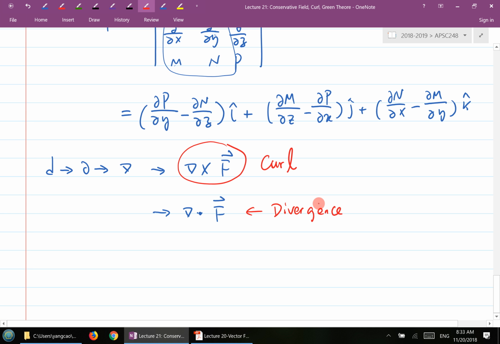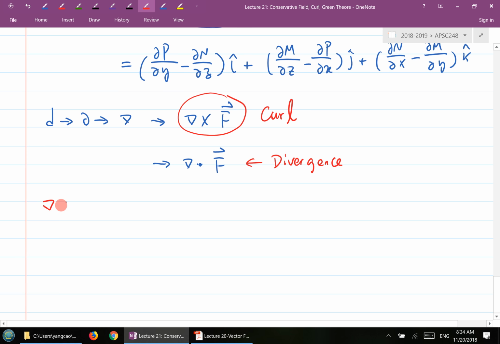We'll look at the details. These are actually the two most useful operations. Calculation-wise, they're very simple, but the understanding takes a little bit of effort. So, what does del cross F equal to 0 mean? If this is equal to 0, it means each individual component gives you 0.